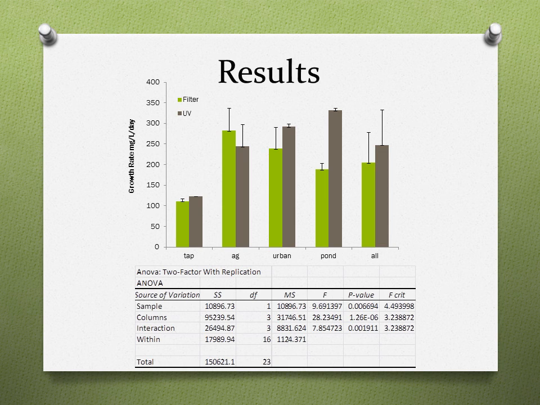This is because there can actually be something that happens when the 2 things get together that make them significant. And then within, it only says within, but that actually means the error. So if we look at our p-values, in this case anyway, we're going to see that everything is significantly different because we all have small p-values. But I just want to give you an idea what that looks like.